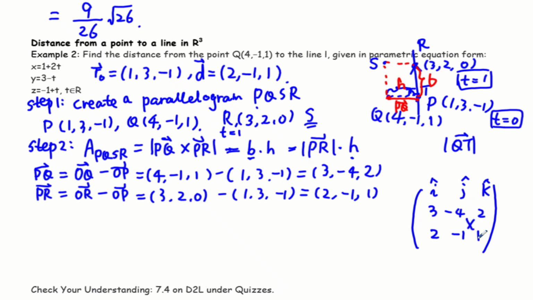So -4 times 1, -4 minus -1 times 2, -4 plus 2 is -2. This is the i direction. So we could write more steps here.